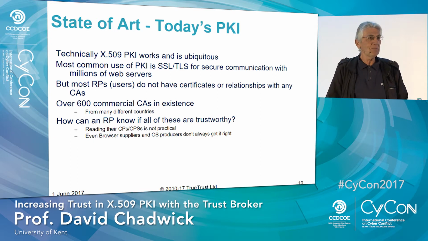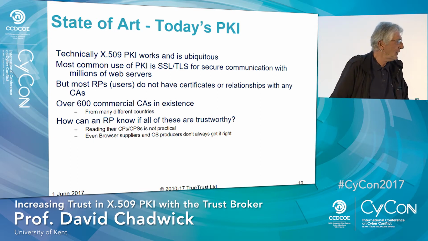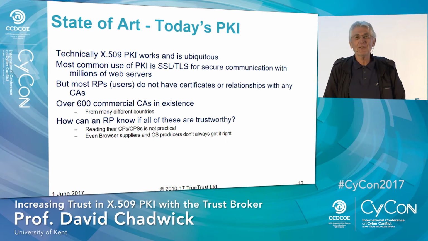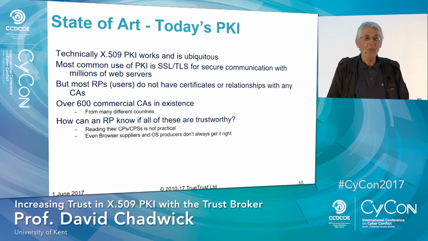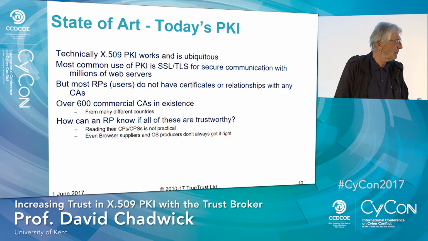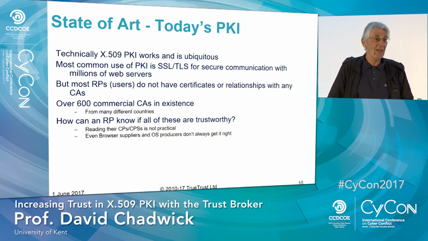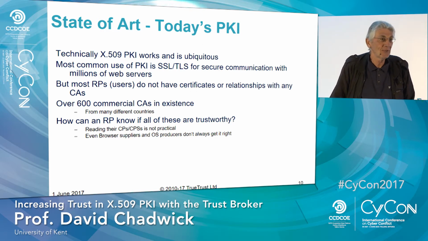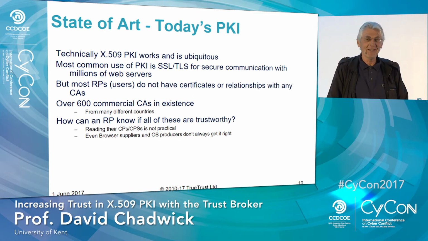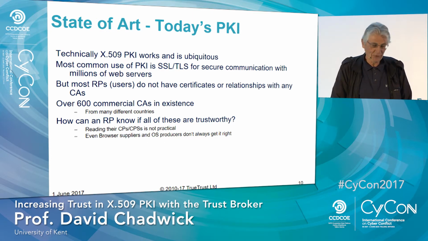But we have helpers on our side. We have browser manufacturers and operating system providers. They are the ones that put these CAs into your operating system and into your browser. They are the ones that are supposed to have read these 600 or more, and they're the ones supposed to say, yes, they're trustworthy. But they don't always get it right.